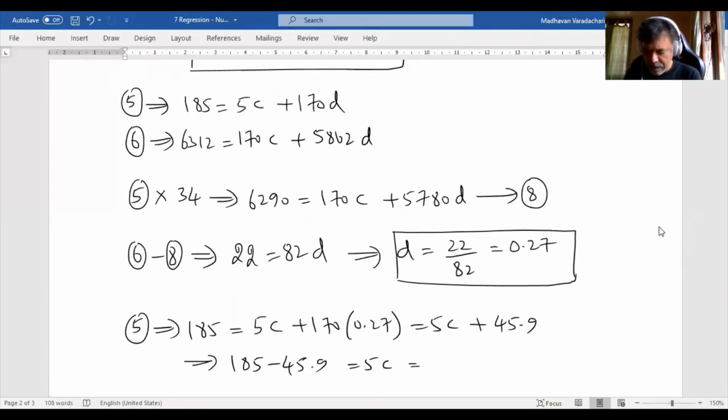We get 139.1, which means our C will be 27.82.